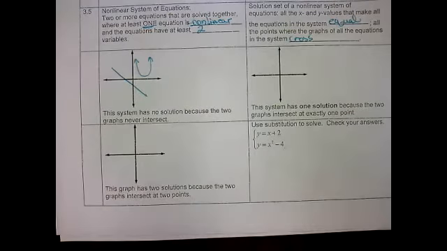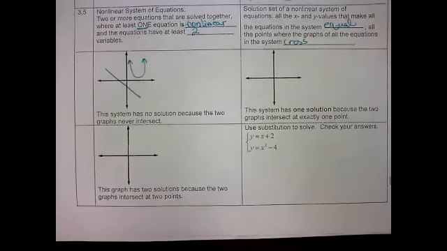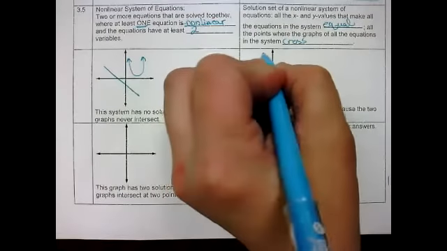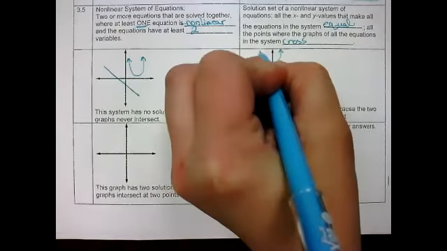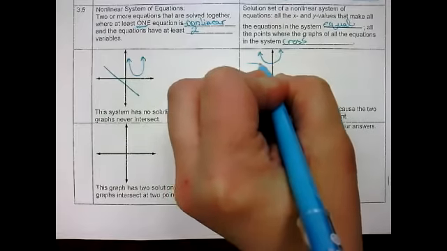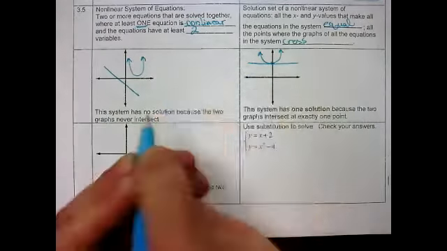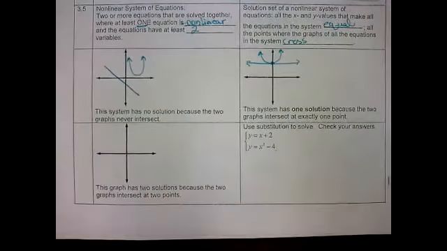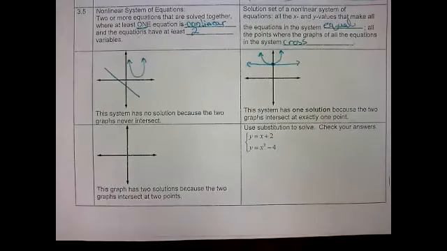Those would never ever touch, so that's going to be no solution. One solution would be something like a parabola touching a line where they touch just in one spot. So that system is going to have one solution.